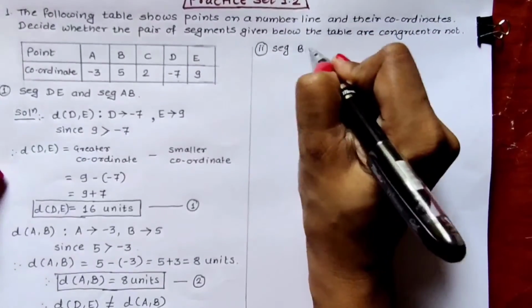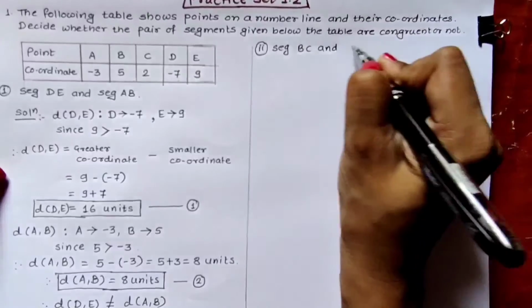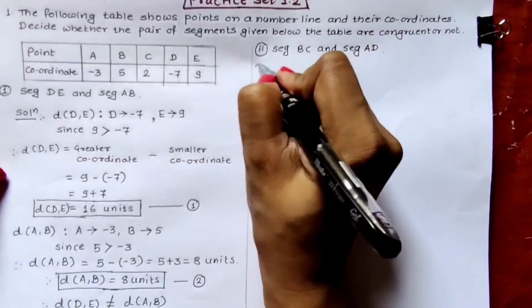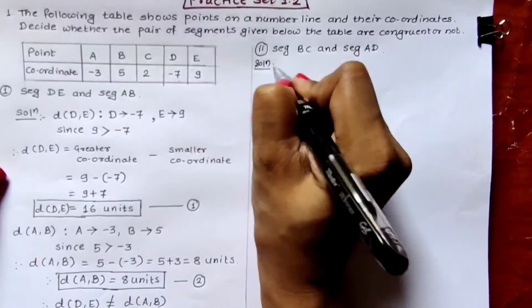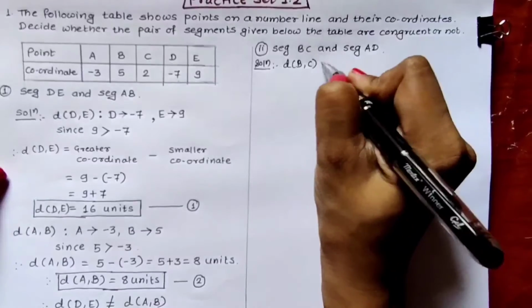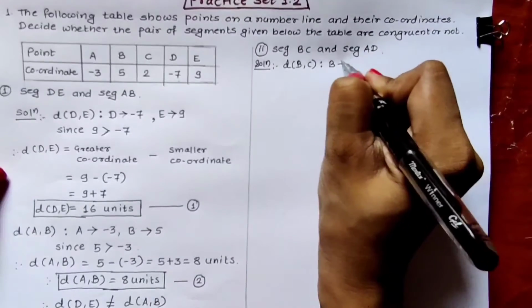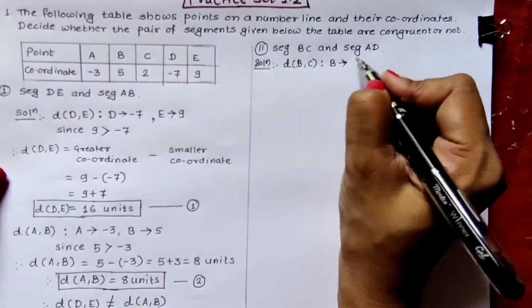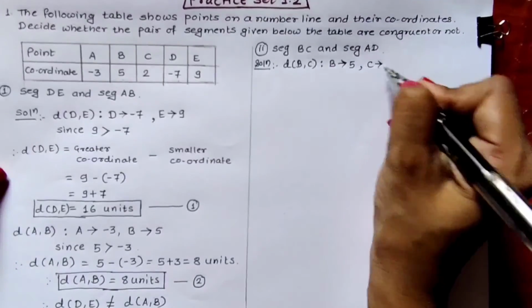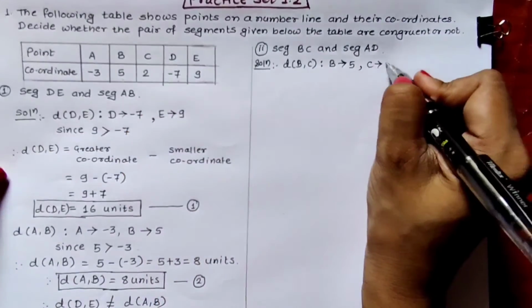Seg BC and seg AD. Once again in the solution we will be first finding out the distances. Distance BC. Coordinate of point B is 5. Coordinate of point C is 2.